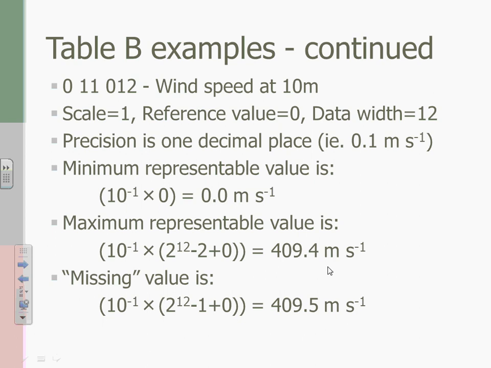So you need to understand. The decoder takes the scale, reference value, and data width, and the decoder will know the missing value is here. So this number actually doesn't represent wind speed, but means missing.